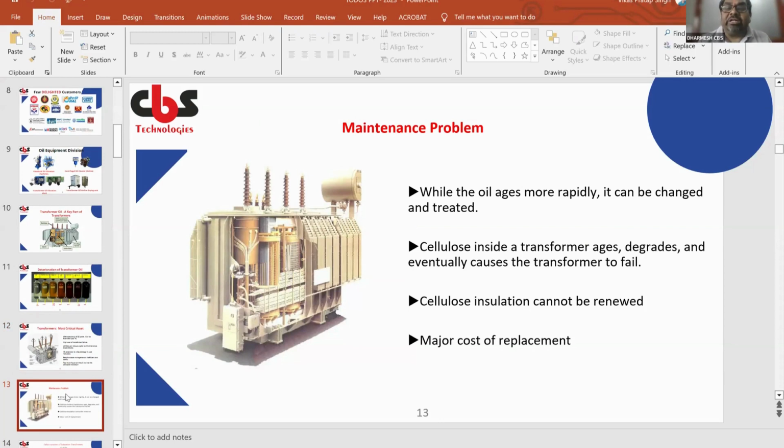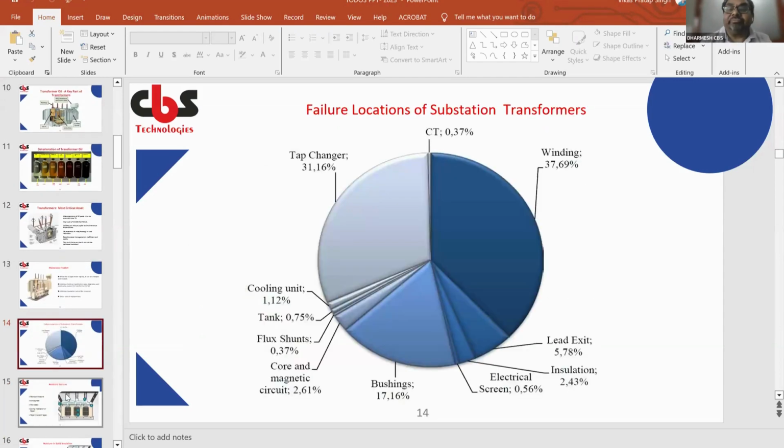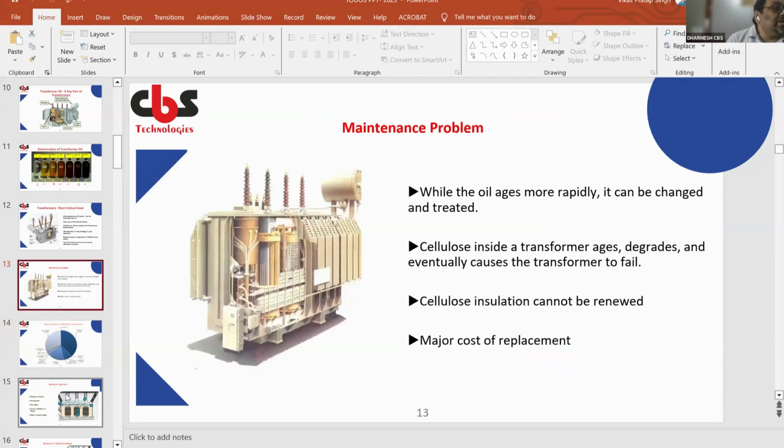While the oil ages more rapidly, it can be changed and treated. Cellulose inside the transformer ages, degrades, and eventually causes the transformer to fail. Cellulose insulation cannot be renewed, and it is the major cost of replacement.